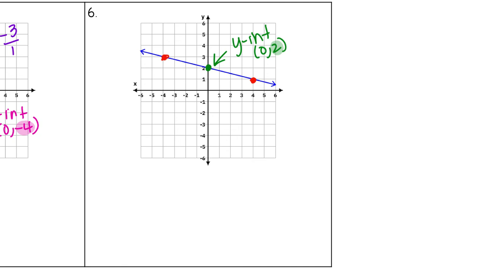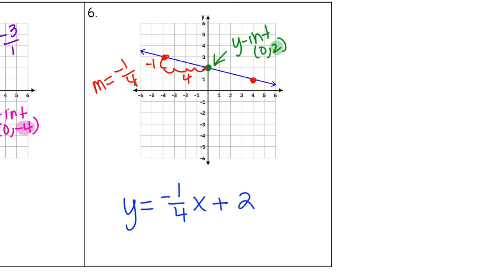I'm going to choose this first point and the y-intercept since they are close together. It goes down only 1 unit, so that's -1, but it goes across 1, 2, 3, 4. So slope here would be -1 over 4. And now we just have to put it all together. y equals, start with the slope, so -1 over 4 x, and then our y-intercept was +2.